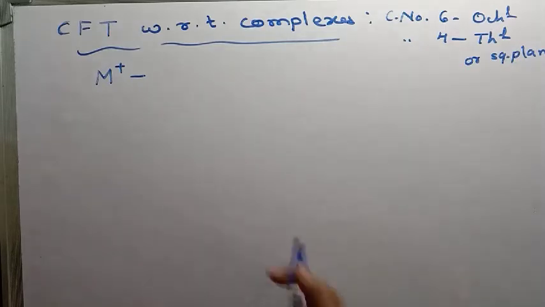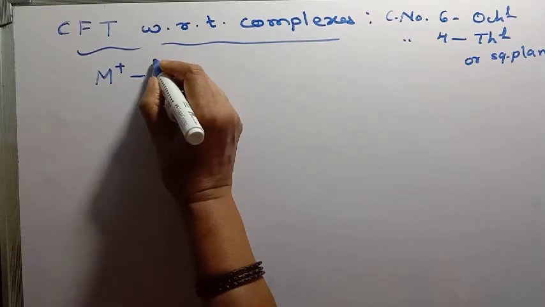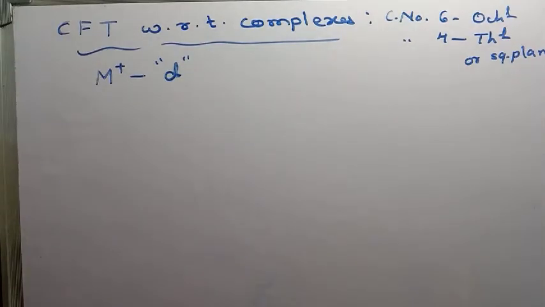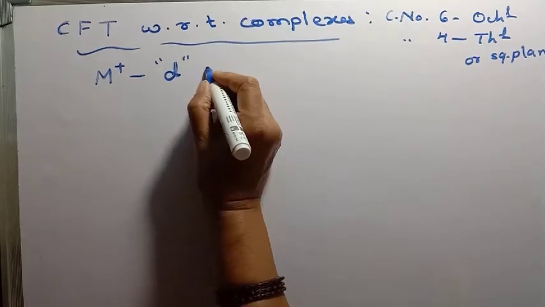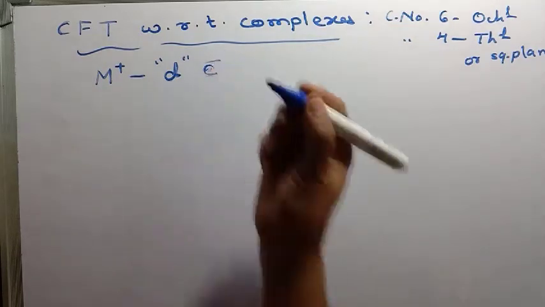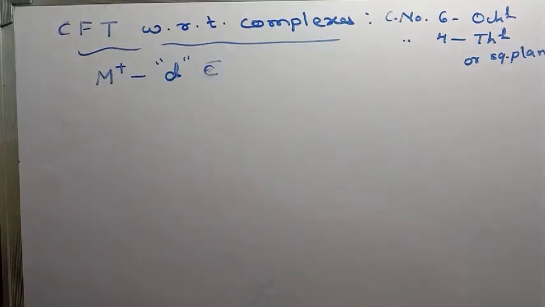Now the d orbitals which are present in the valence shell play an important role, because the d electrons present in the outer shell of the metal ion will interact with the ligand. The d orbital is nothing but a bunch of 5 orbitals.